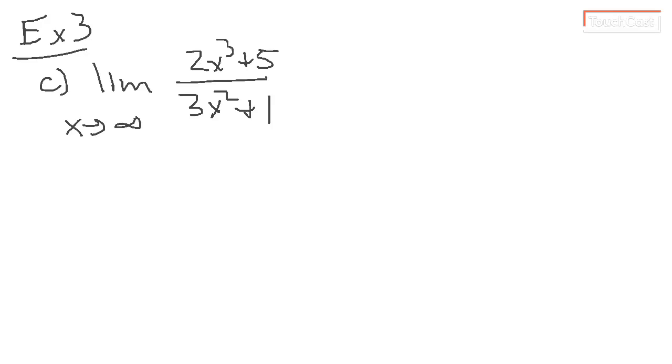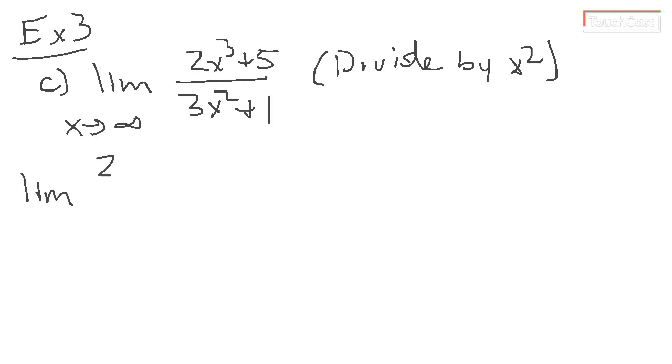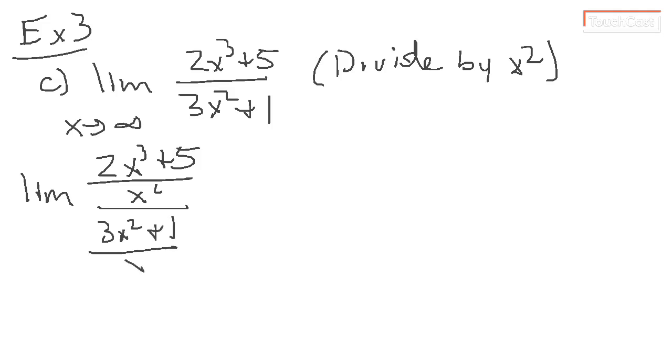The highest power in the denominator is x squared, so we're going to divide by x squared. So we're going to rewrite this as the limit of 2x cubed plus 5 over x squared over 3x squared plus 1 over x squared as x goes to infinity.